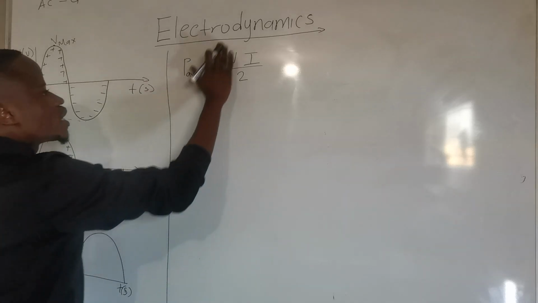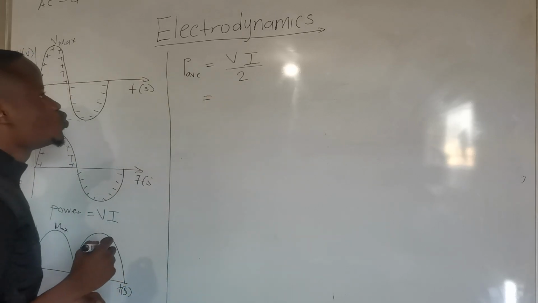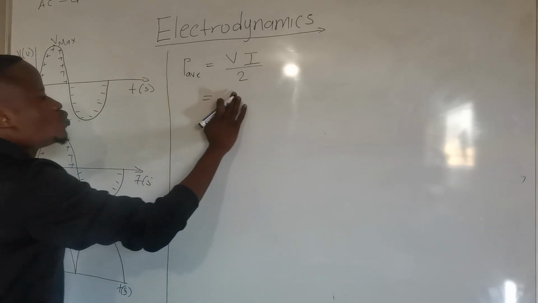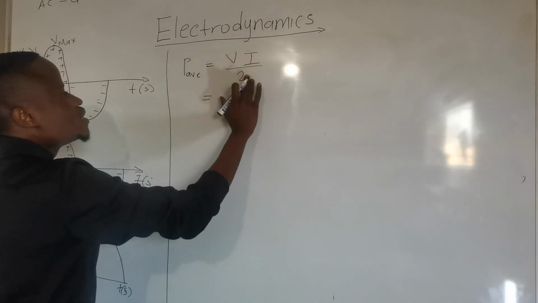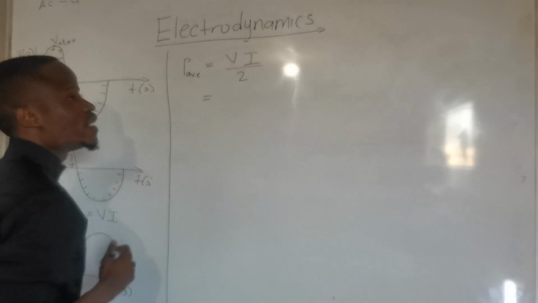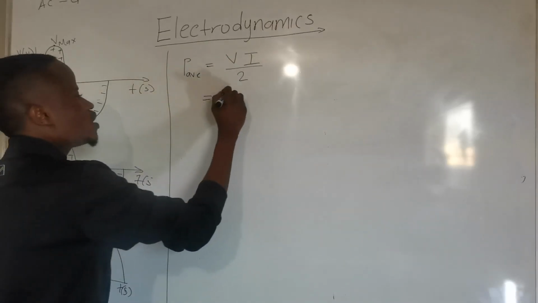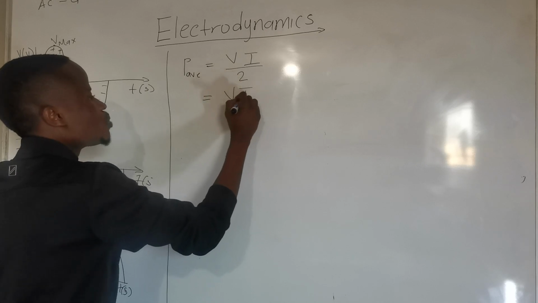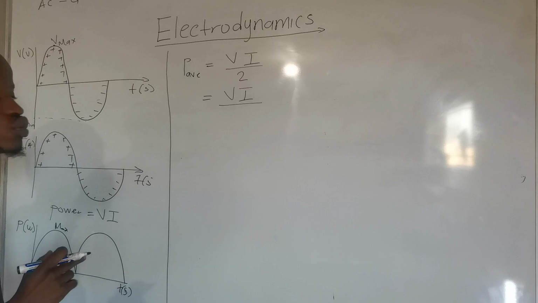Let us work a little bit on that side. I want to separate the voltage and current. If I say V multiplied by I divided by 2, let us break that 2 into two portions.